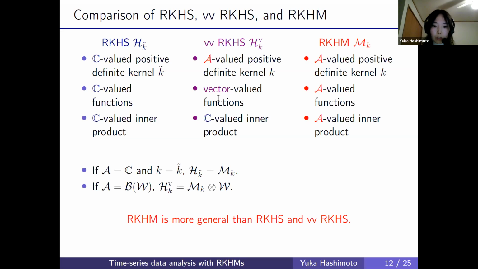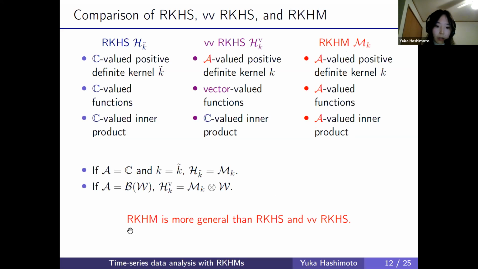But it is still a Hilbert space, and the inner product in VV-RKHS is complex valued. An RKHM is associated with an A-valued positive definite kernel and composed of A-valued functions, and also it is a Hilbert C star module, not always Hilbert space. It is equipped with an A-valued inner product.